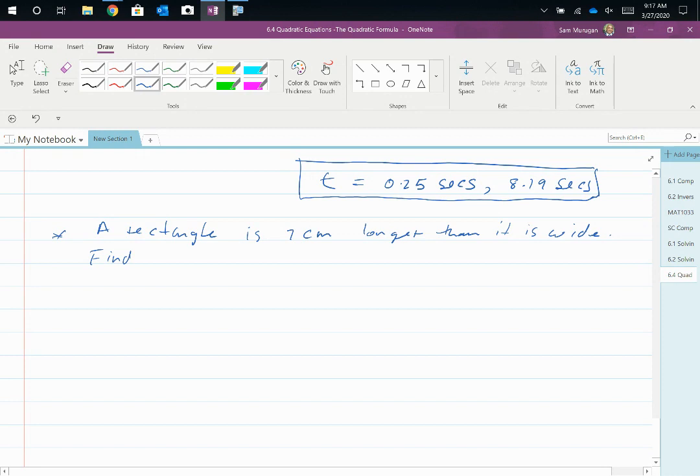Find the dimensions of the rectangle if its area is 330 square centimeters.